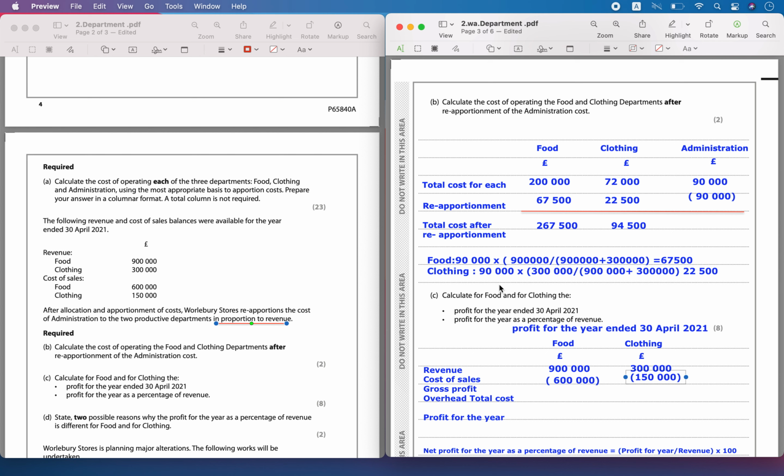The revenue minus the cost of sales gives us gross profit. So the gross profit is 300,000 for food, and 300 minus 150 is 150,000 for clothing.